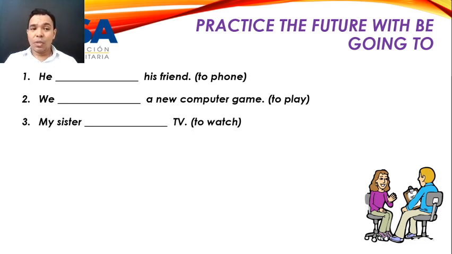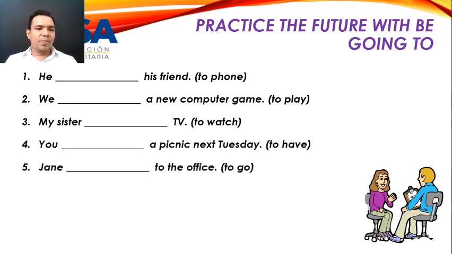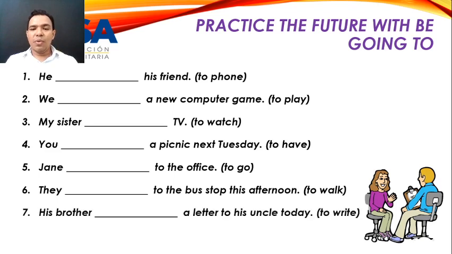He is. So he is going to phone his friend. Number two, we: we am, we is, or we are? We are. So we are going to play a new computer game.